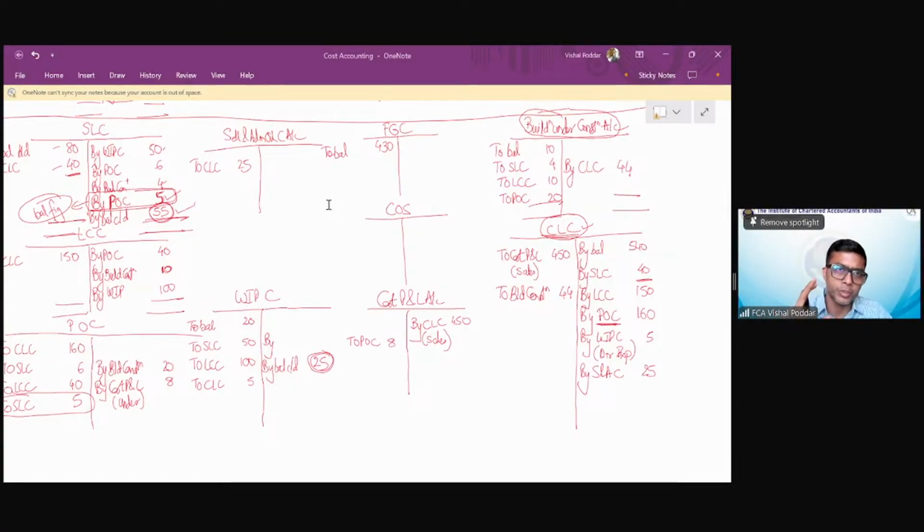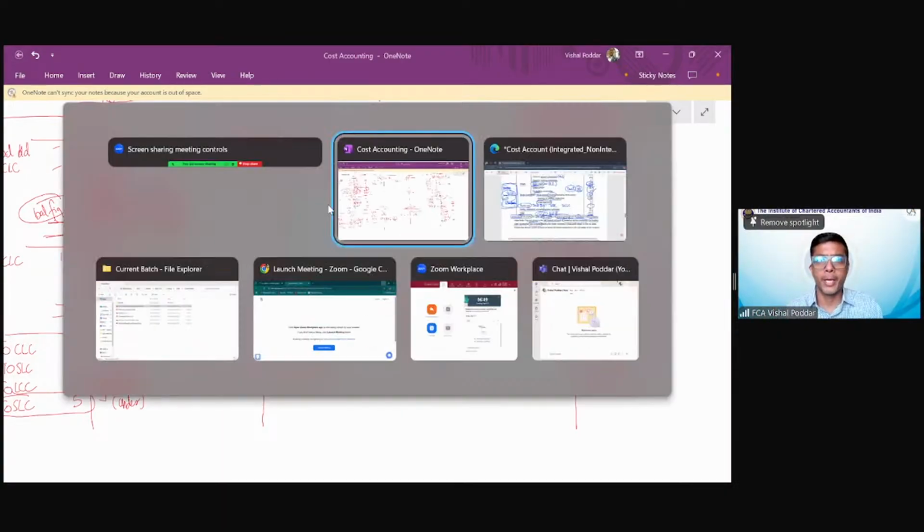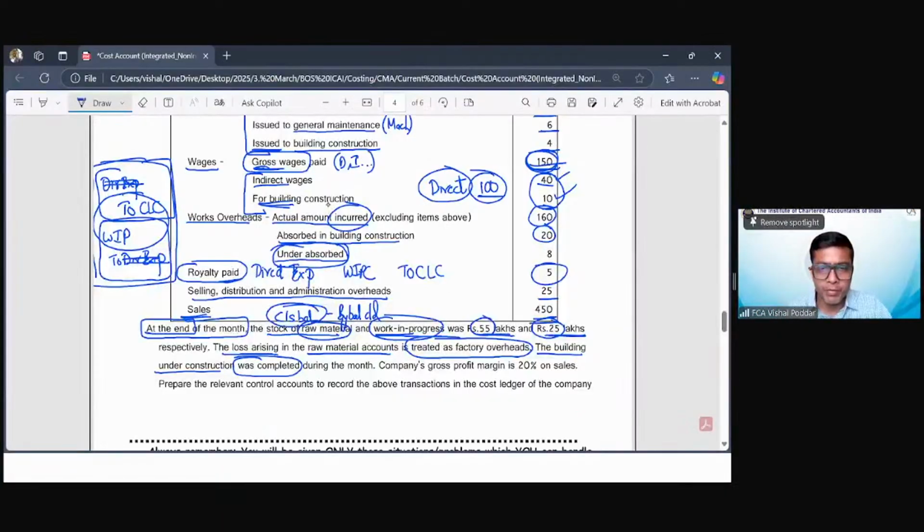But again, I tell you students, if you understand the transaction, then finding out what debit, what credit, I'm sure you all are competent to do that. You all are not getting it correct because you are not understanding the transaction. So please focus on first understanding, identifying what the transaction is. Posting will follow. Okay. Proceeding further.